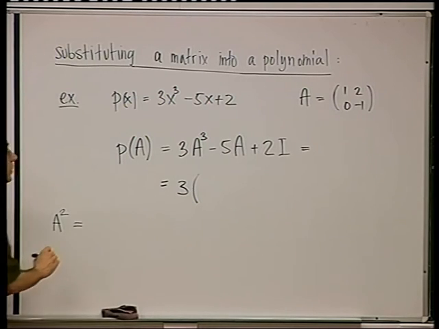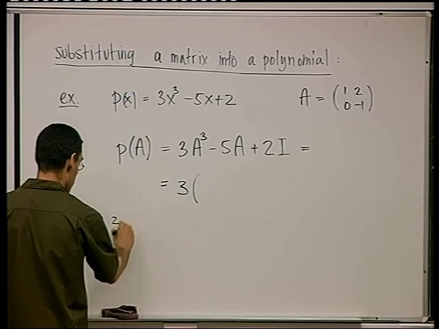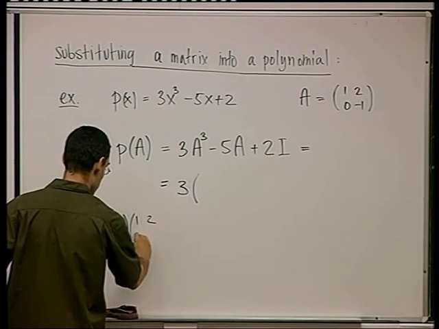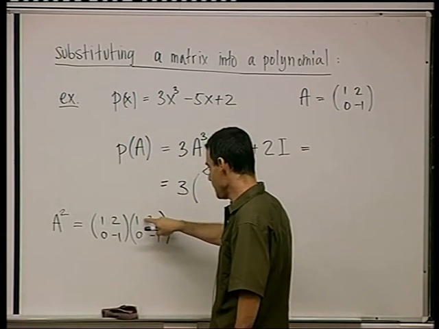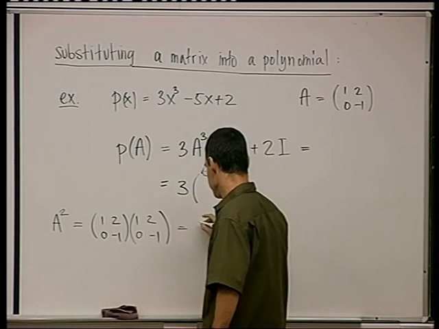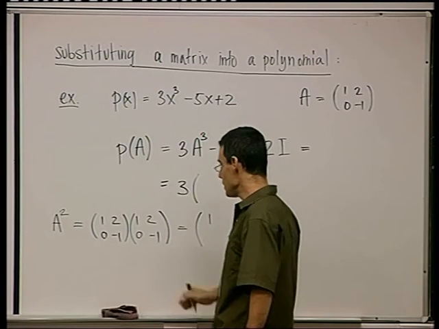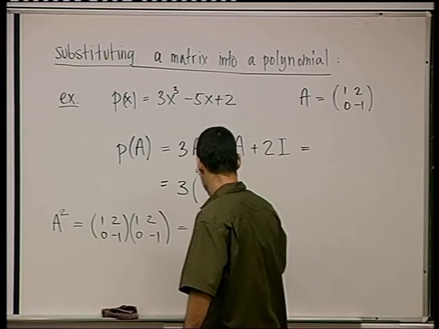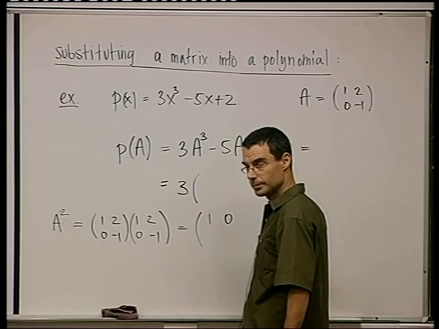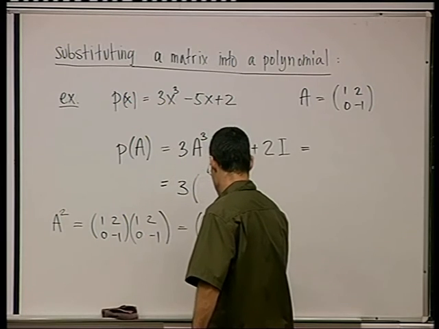So A squared is A times itself. 1, 2, 0, minus 1 times 1, 2, 0, minus 1, which equals 1 plus 0. Do you agree that this is the first entry? And then 2 minus 2, 0. 0 minus 0, 0.